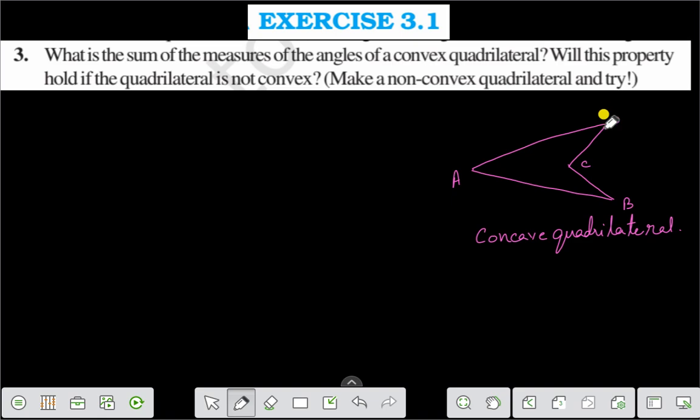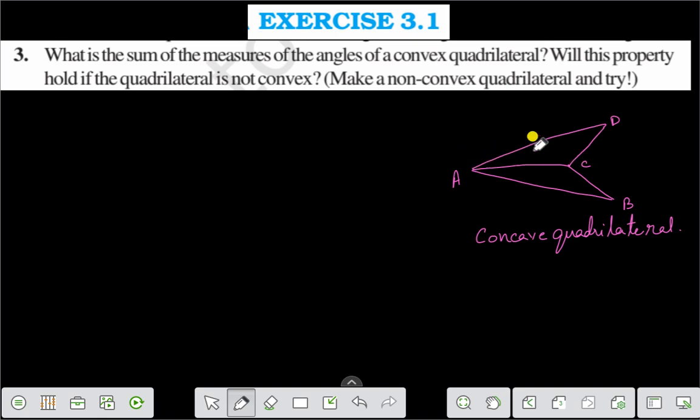Here you see, if you draw this diagonal DB, it is exterior of this quadrilateral. Therefore, it is a concave quadrilateral. If you draw the diagonal AC, then this quadrilateral is divided into two triangles, triangle ADC and triangle ABC. We know that the sum of the angles of a triangle is always 180 degree.